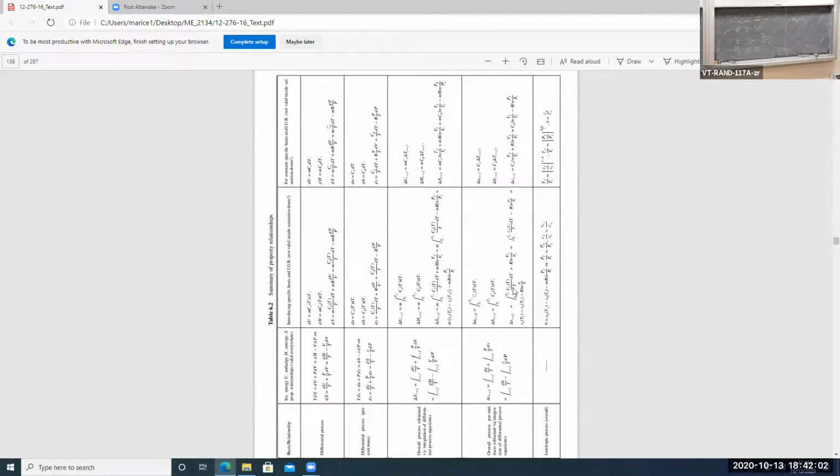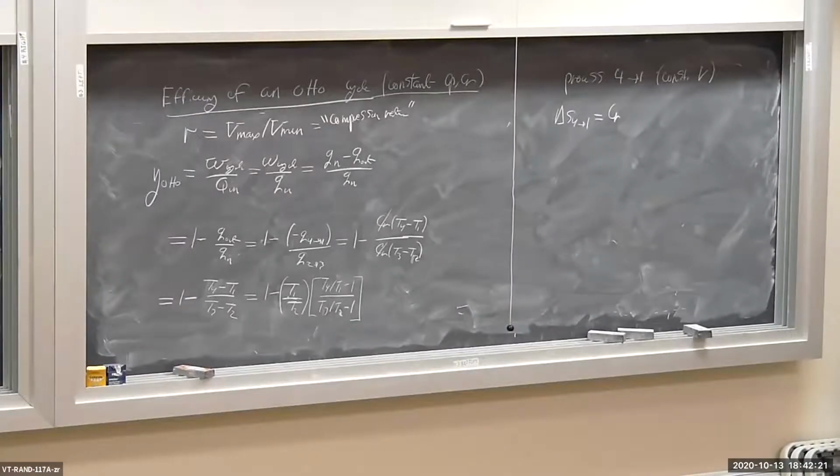Delta S, constant specific heat. Here we go. I have a CV ln T final over T initial plus R ln V final over V initial, okay? So I have an expression here to get delta S, and it involves a change in volume.